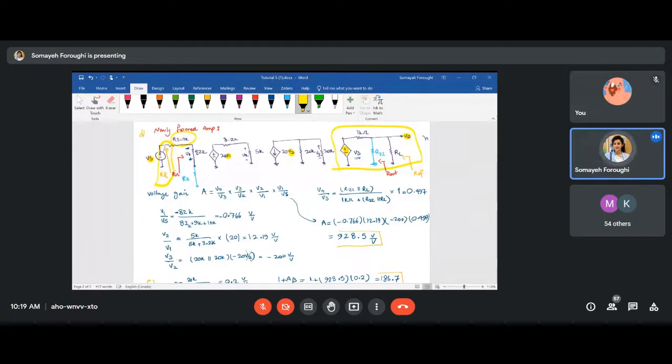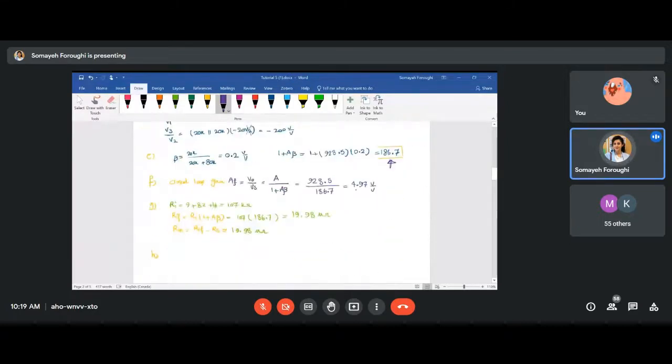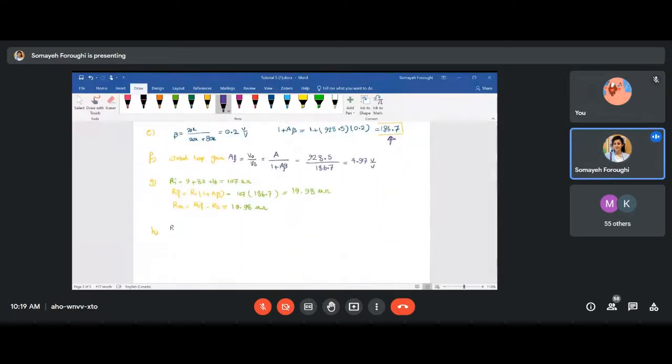My Ro is like you're shutting off that V3 gain, and then RL, R22, and 1K will become parallel together. So Ro is RL, R22, and 1 kilo ohm in parallel.